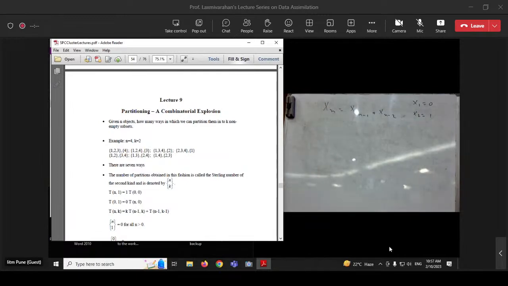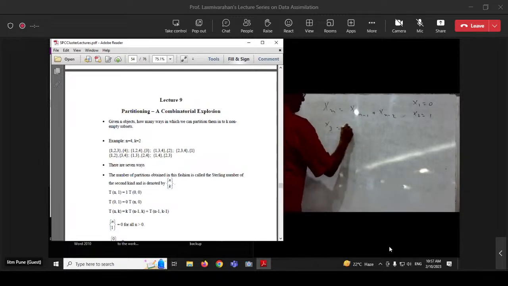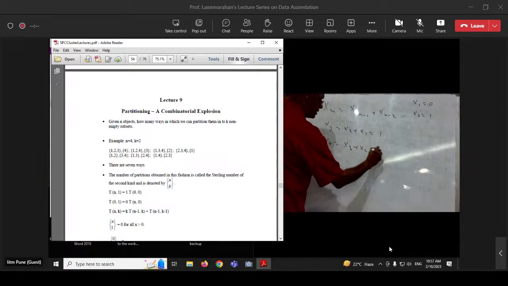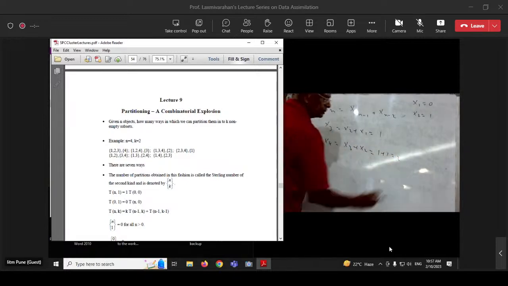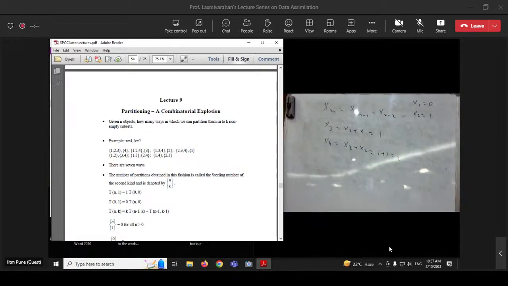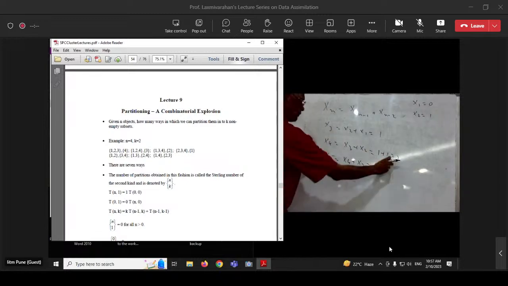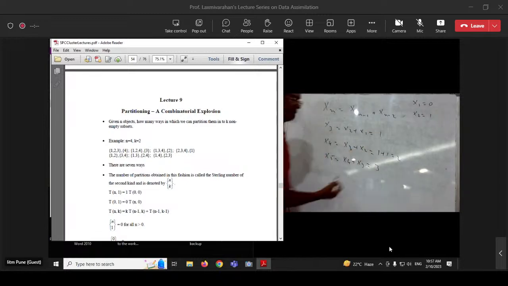If x_1 is 0 and x_2 is 1, what is x_3? x_3 is equal to x_2 plus x_1, which is 1. What is x_4? x_3 plus x_2, which is 1 plus 1, equal to 2. What is x_5? x_5 is equal to x_4 plus x_3, which is 2 plus 1, that is 3.